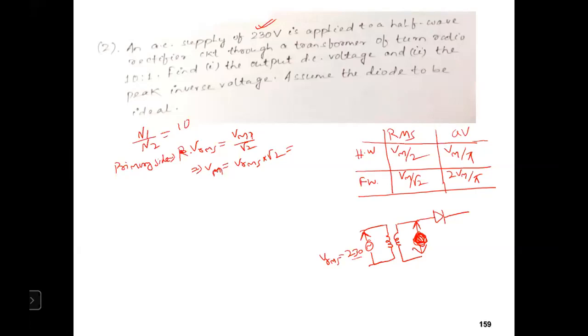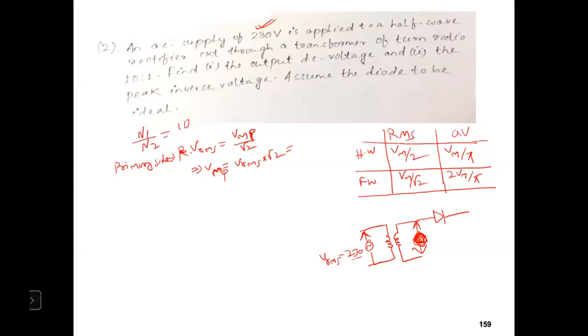I am writing primary, so I am writing Vmp equal to Vrms into root 2. Clear or any doubt? Clear, sir. In the input side I am applying an AC signal of 230 volt, that was an RMS quantity, so what is its peak quantity? That is Vmp equal to Vrms into root 2.